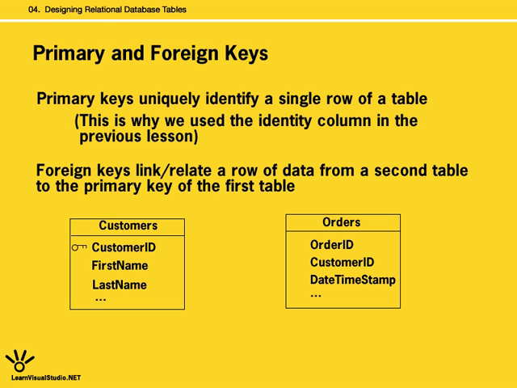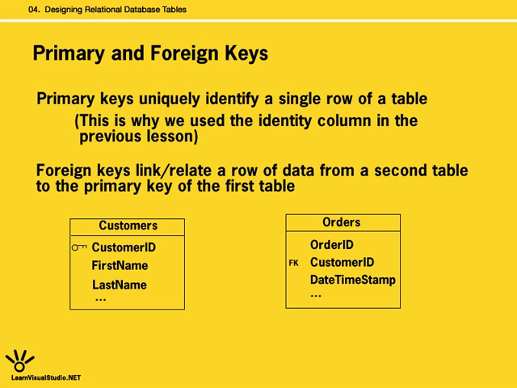So a single customer can have one or more orders. So if we have a row in the customers table with a customer ID of 1, we might have multiple rows in the orders table that each have a different order ID but have the same customer ID, and that allows us to relate those two tables together.